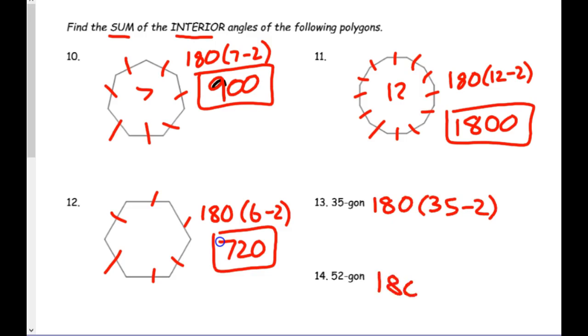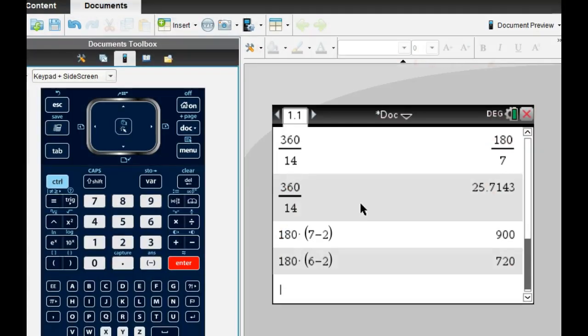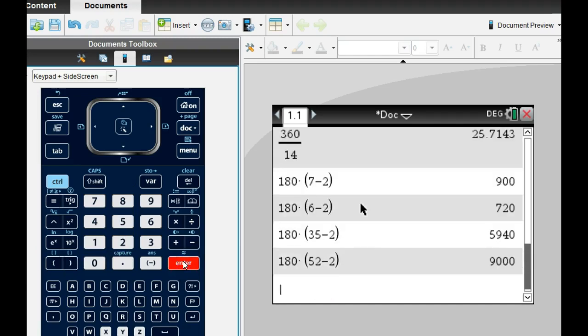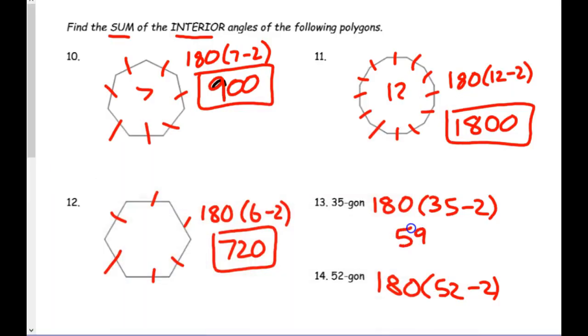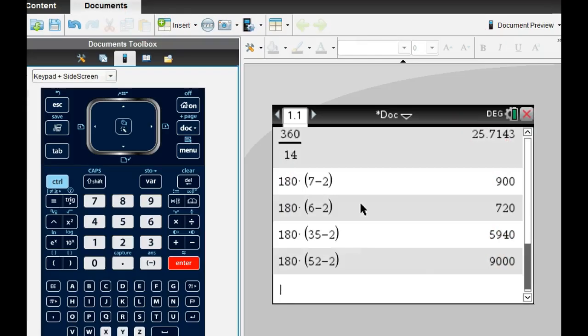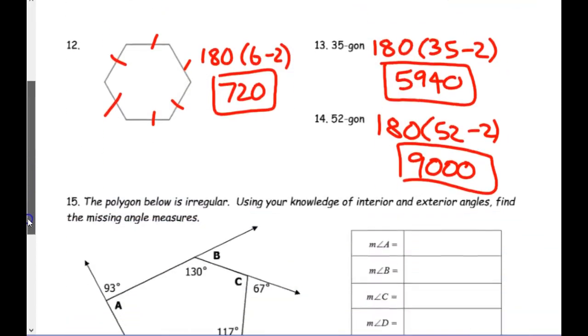And while we're at it, 180 times 52 minus 2. Alright, so we got 5940 and 9000. Alright. So, you'll have the formulas for that.